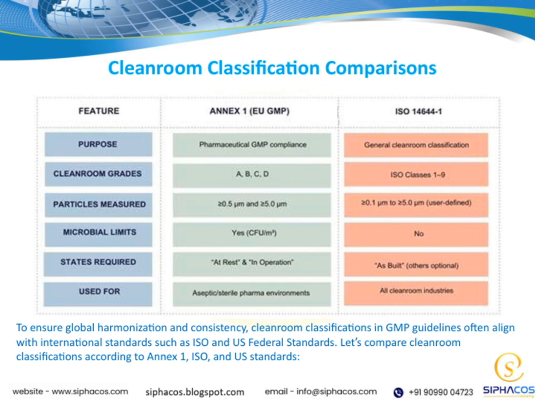By understanding how these standards correspond, we can better design and evaluate cleanrooms that meet multiple regulatory expectations. This comparison helps us see the bigger picture, that regardless of the standard, the goal remains the same, maintaining a controlled environment to ensure product safety and quality.